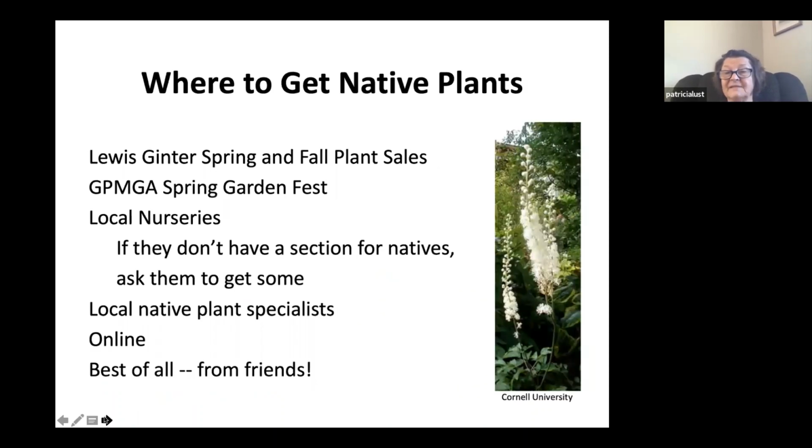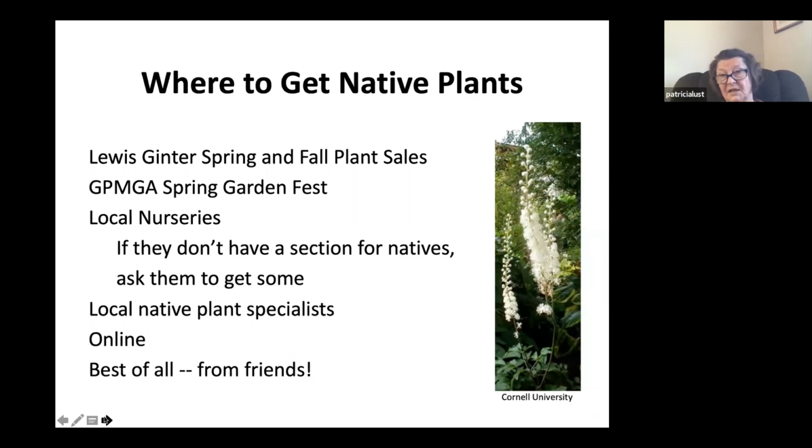Where to get plants? The Ginter plant sale in the fall. Our Master Gardener unit usually has a spring garden fest, and once we get past COVID, we'll be doing that again, and we always have a lot of native plants. If your local nursery doesn't have a section on natives, ask them to get it, because they will sell them. There are some specialists.